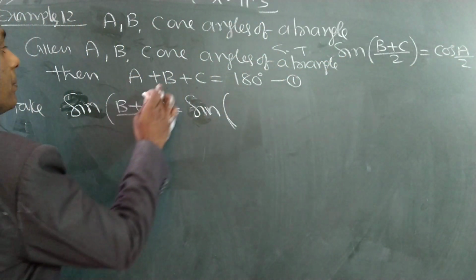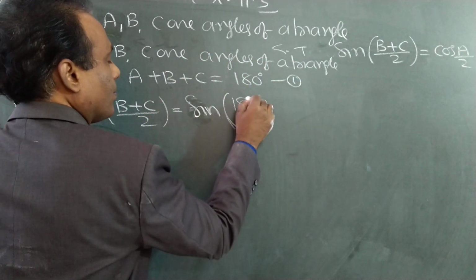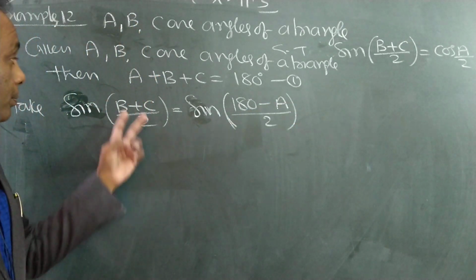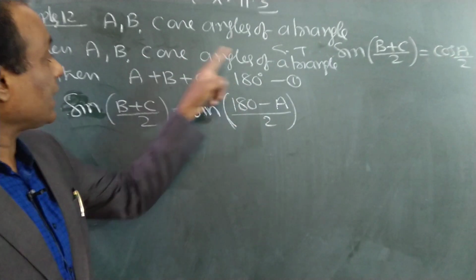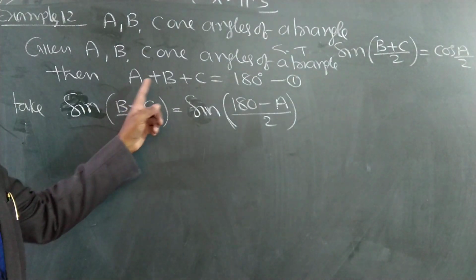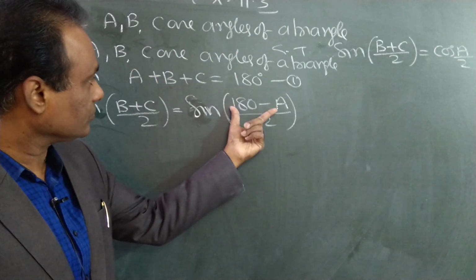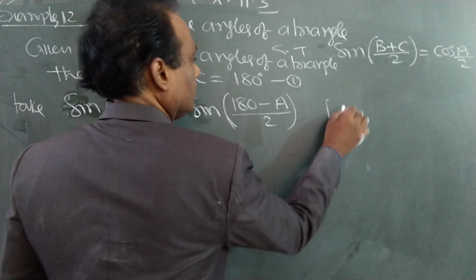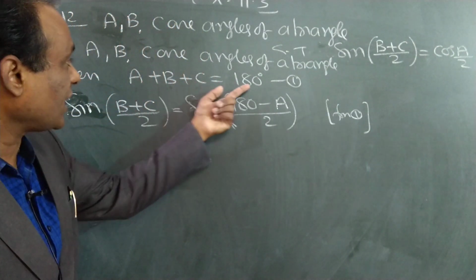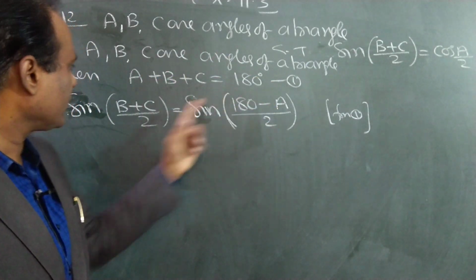Therefore, B plus C is equal to 180 minus A. Since A plus B plus C is equal to 180, B plus C is equal to 180 minus A. From this relation, in place of B plus C I am writing 180 minus A. Sine is sine, and the by 2 stays by 2.